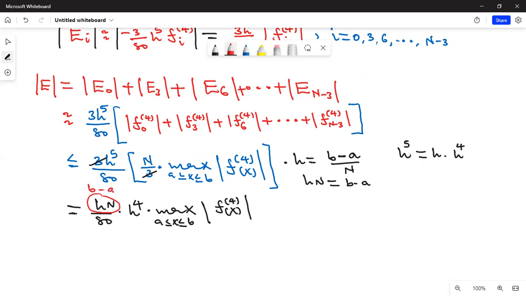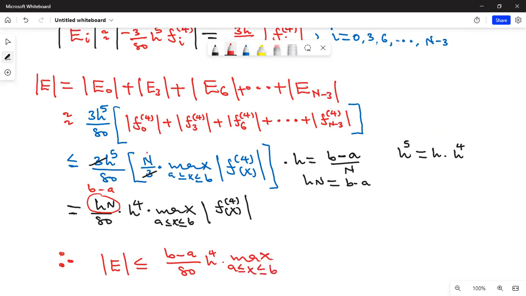B minus a. So therefore, to get the truncation error bound when using Simpson's 3 over 8 rule, not Simpson's one third, it should be less than or equal to b minus a over 8, h raised to 4, times the maximum between a less than or equal to x less than or equal to b.